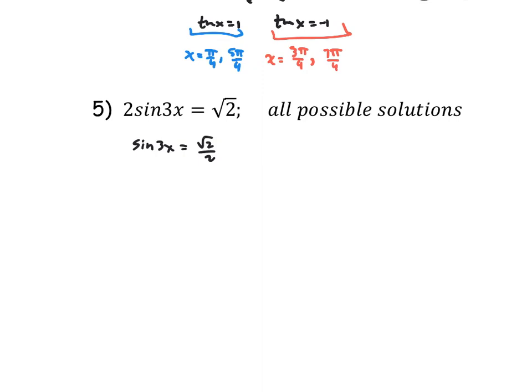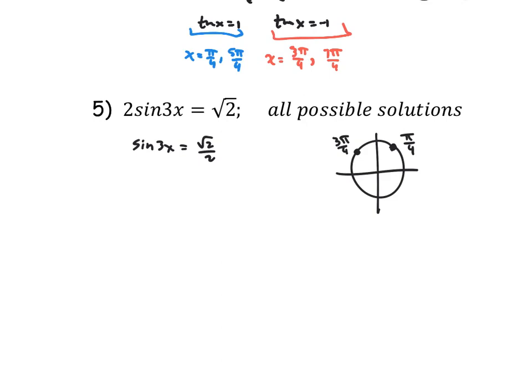So where would the sine be a positive root 2 over 2? Well, it would be here at pi over 4, right? That would be an output of root 2 over 2, as well as here in quadrant 2, where we'd have 3 pi over 4. So I'm going to yield two possible initial solutions.